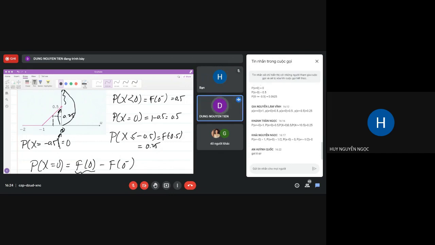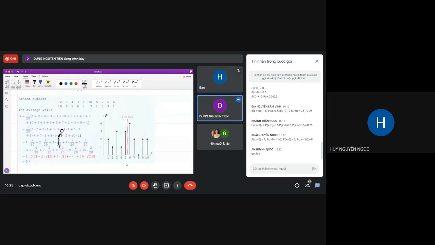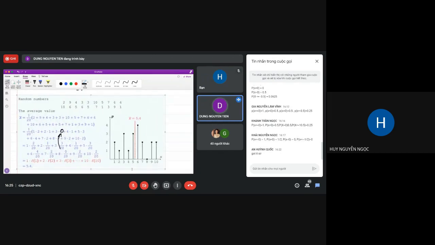Now I want to talk about the next part, the expectation. I will start this part with an example. Suppose that there are 20 numbers with the values 1, 2, 9, 4, 3, 3.